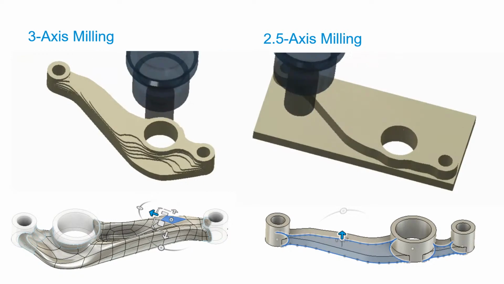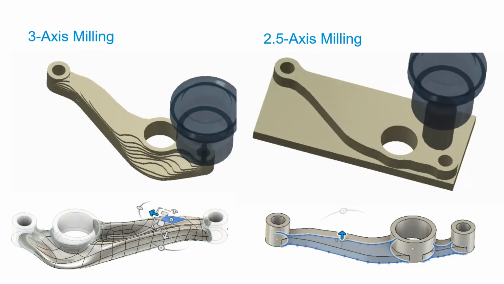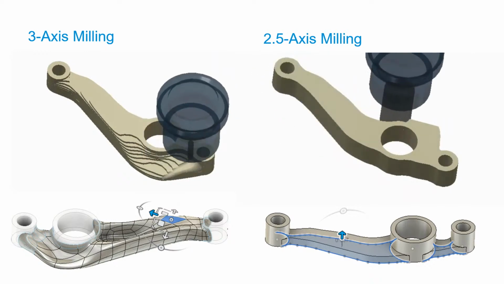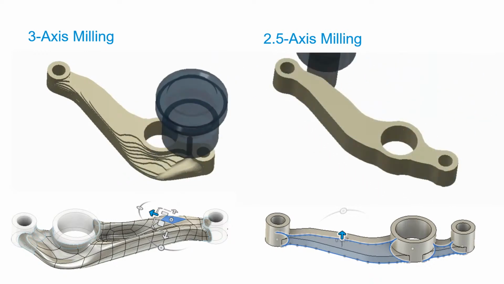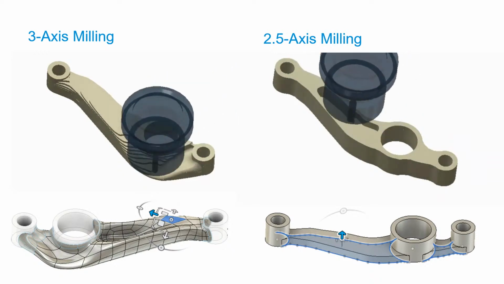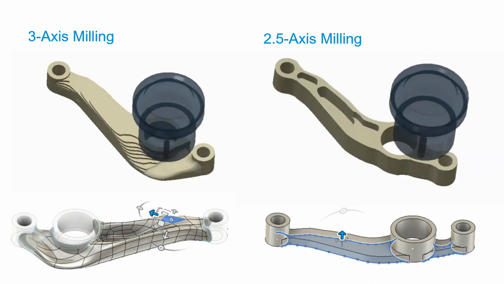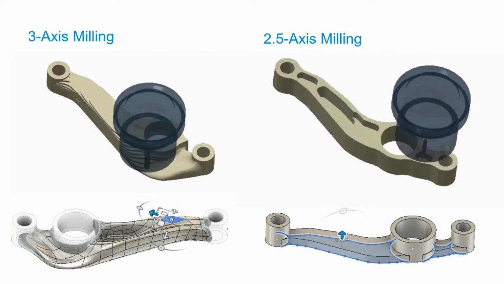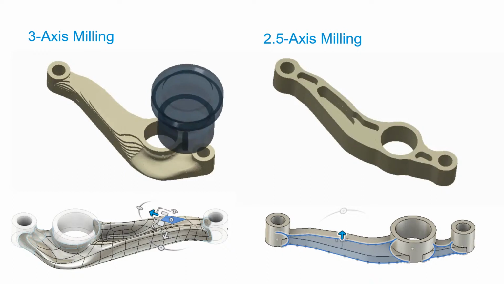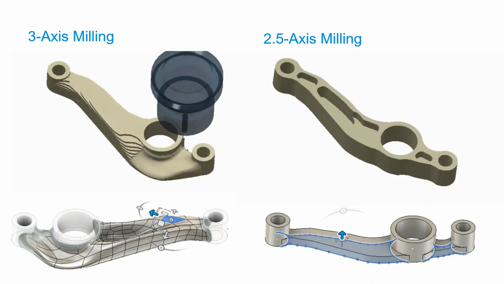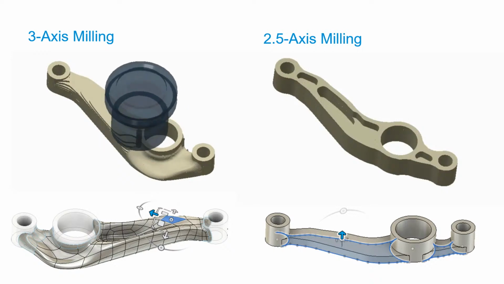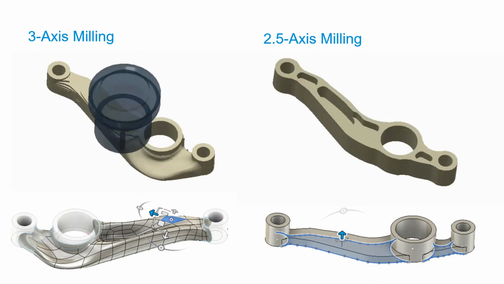So the 3-axis operation has a little more freedom to generate things that are a little bit more organic. So you see it can get a little bit smoother on the edges. It can just create a little bit more complex geometry. Whereas 2.5-axis generative design is actually creating geometry with a series of pockets. And what that allows you to do is truly look at the trade-offs between that slightly higher performing 3-axis milling part and that slightly less performing 2.5.